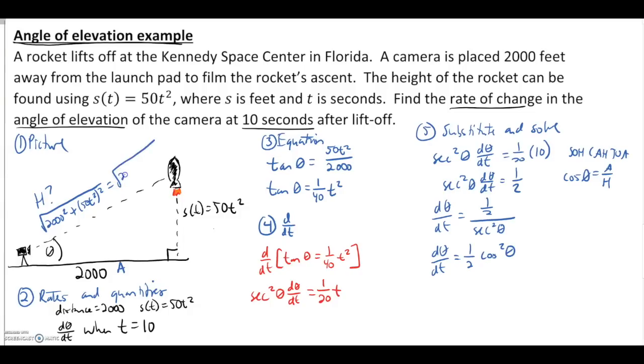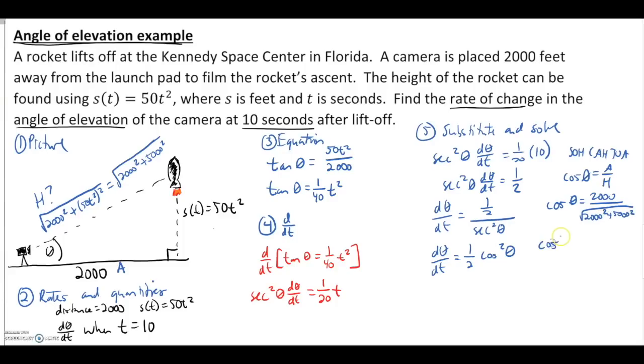we're going to end up with the square root of 2,000 squared plus 50 times 10 squared, or 50 times 100, we're going to end up with plus 5,000 squared. And so cosine of theta will equal the adjacent 2,000 divided by that square root.